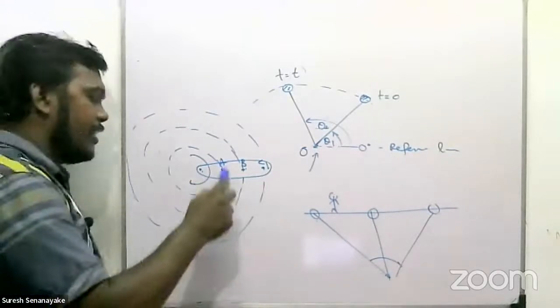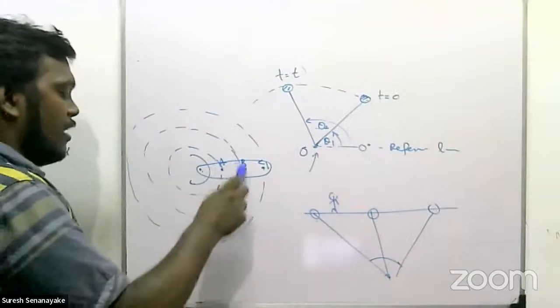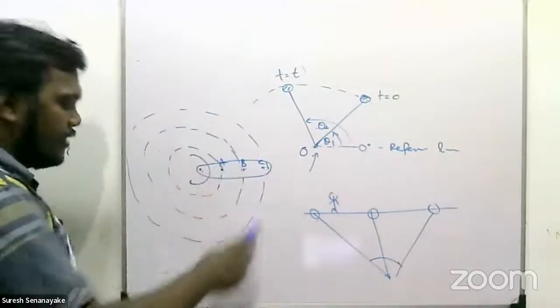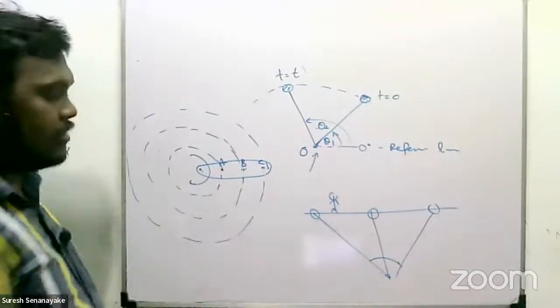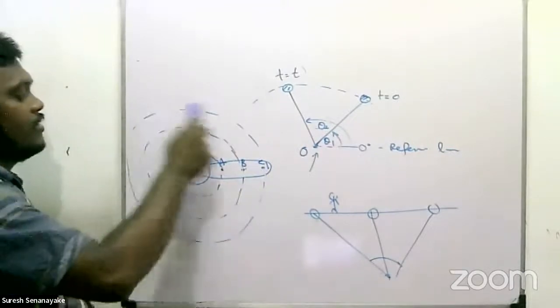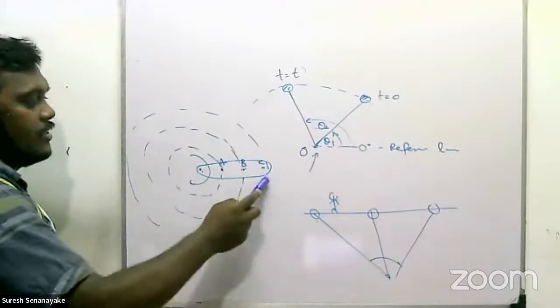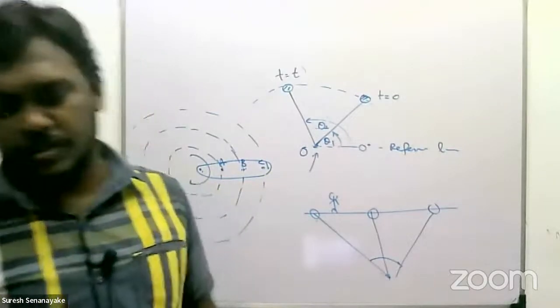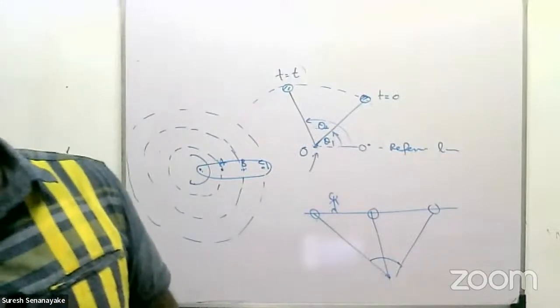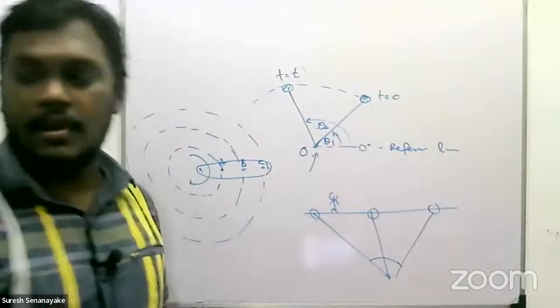Particle A travels a distance, B travels more than A, and C travels more than B. So at the same time, moving a larger distance means C has a larger velocity than A and B. This we can discuss under this lesson, right?